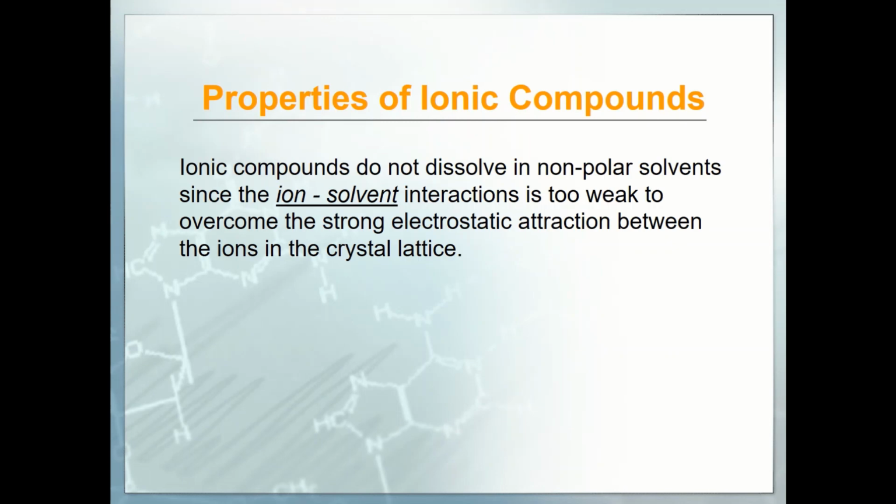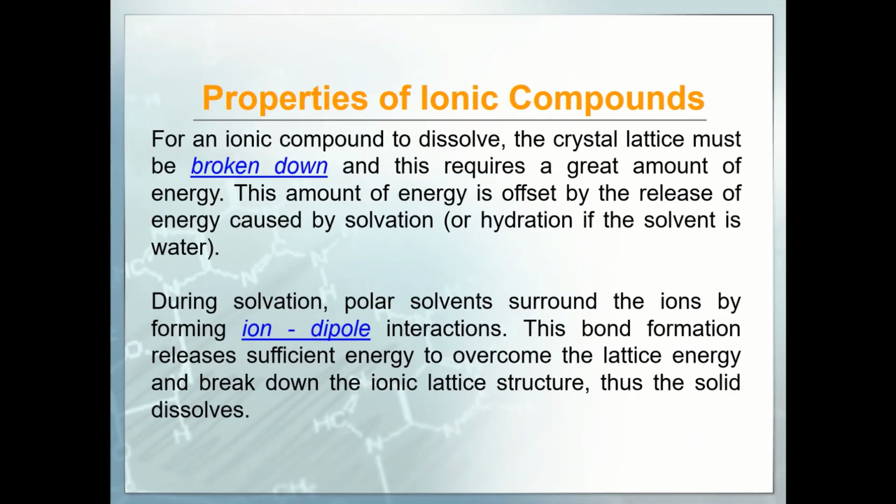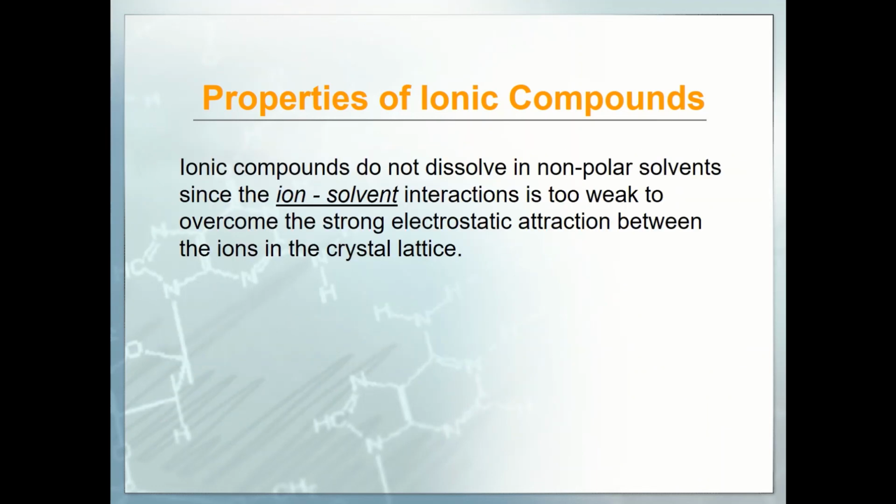Now there are some ionic compounds that will not dissolve in water. That is because the ion dipole interaction did not release enough energy to break down the lattice. On the other hand, an ionic compound will not dissolve in a nonpolar solvent because it is unable to form ion dipole interaction, and the ion solvent interaction releases less energy than is needed to break down the lattice.